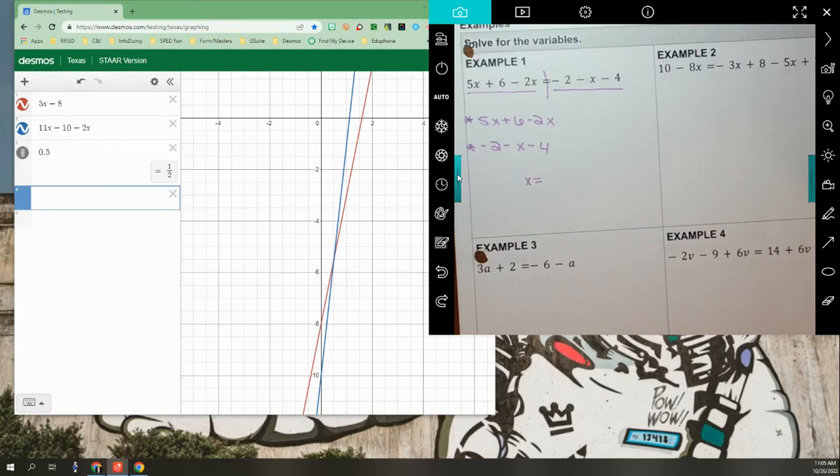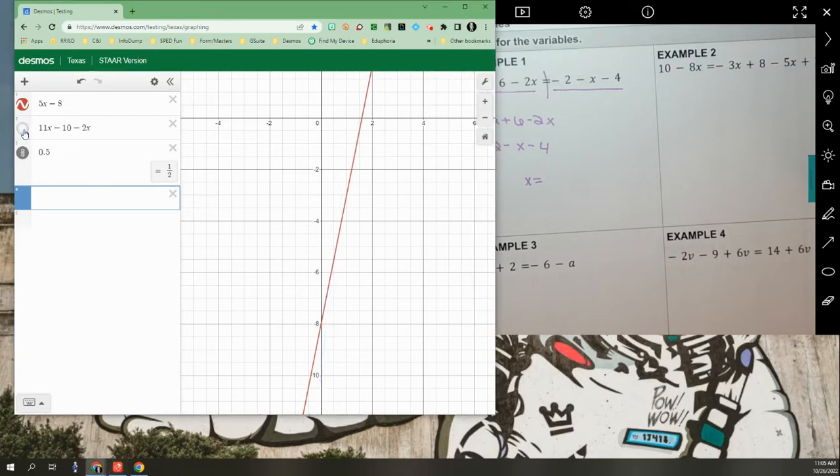Let me show you a trick in Desmos, guys. Now that we've got lines in here, if you want to not lose your work and keep working, you can click and it turns off that line. So you can still see what your work was, but that line isn't clogging up your graph. So if you want to turn off your lines, you can do that.